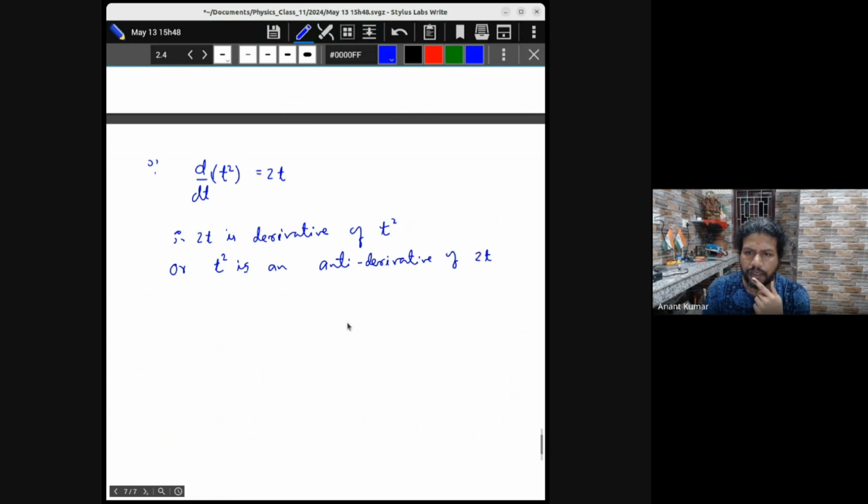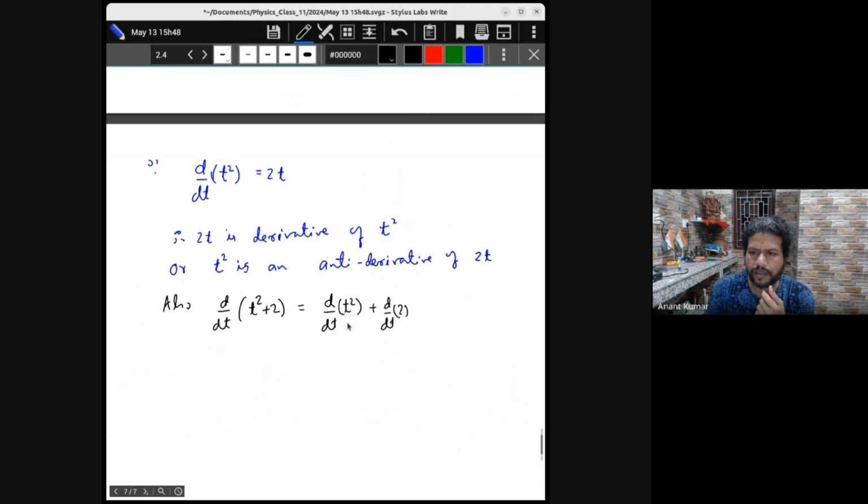But the problem is that the antiderivative is not actually unique. In fact, you notice that d by dt of t square plus 2 is the same as d by dt of t square plus d by dt of 2.